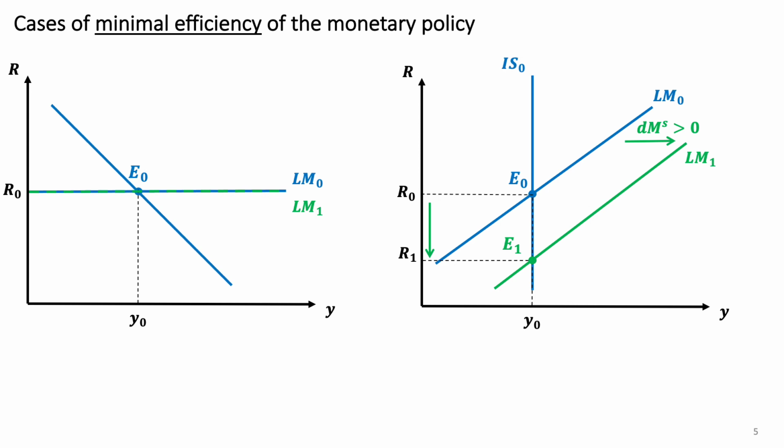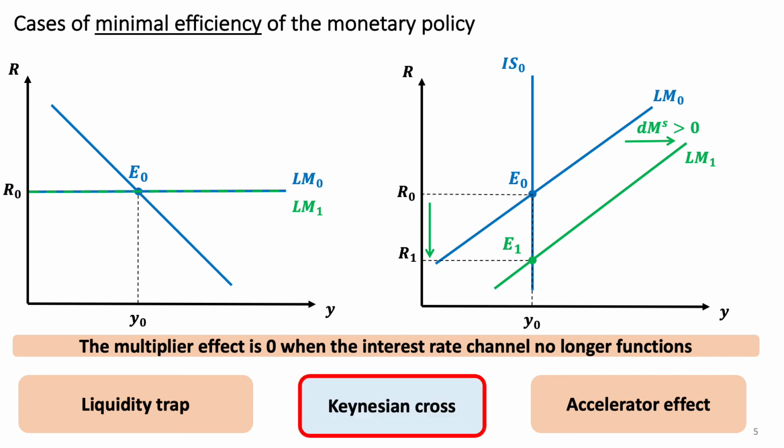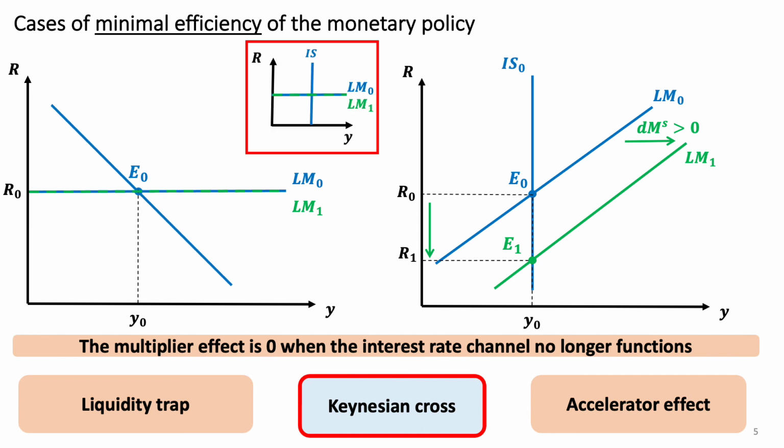So the indirect action of the monetary policy does not work. The multiplier effect will therefore be equal to 0 in the case of the liquidity trap, and in the case of the accelerator effect. Note that if we combine these two cases, we are in the extreme case of the Keynesian cross, and we have a total inefficiency of the monetary policy.